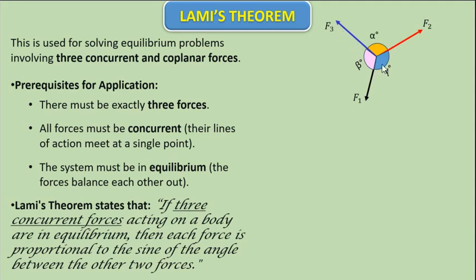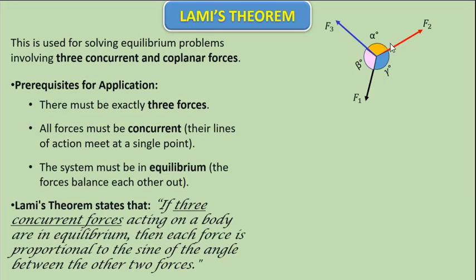I have the three forces. Now let's start with the black force, F1. This F1 is the resultant of F3 and F2 and is directly opposite the angle alpha. According to Lami's theorem, this force F1 is proportional to the sine of this angle.